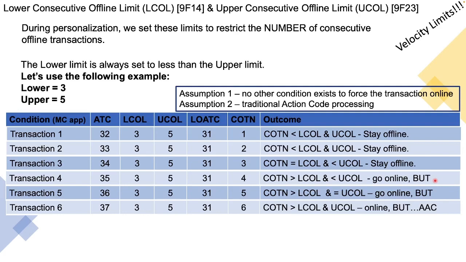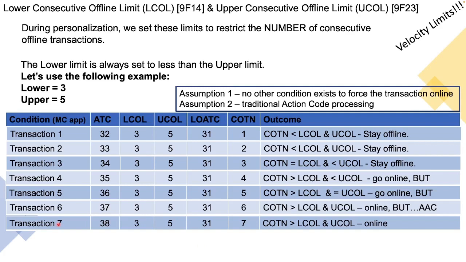We were still allowed to complete the transaction offline, have an offline approve. But the minute that we've exceeded the upper limit, where we've set up the action codes in a traditional fashion, now we're in a situation where the terminal says, look, I can't make an online connection, my network is down. In this instance, we are going to decline this transaction.